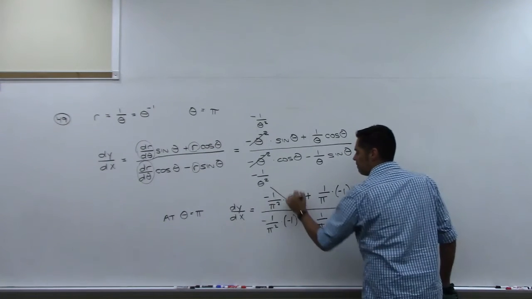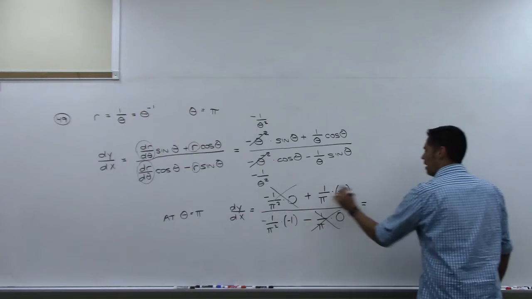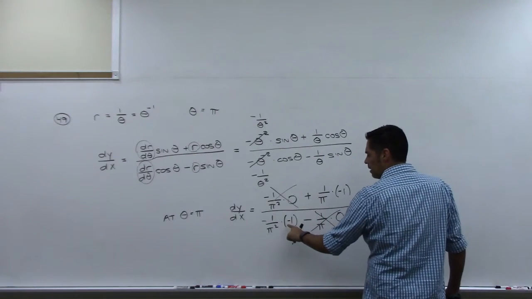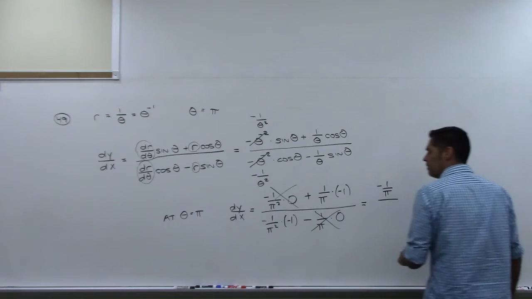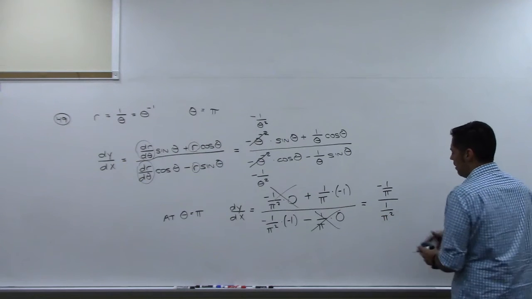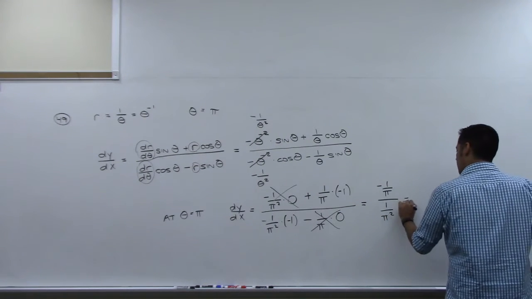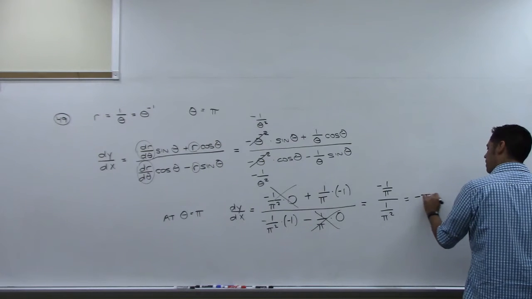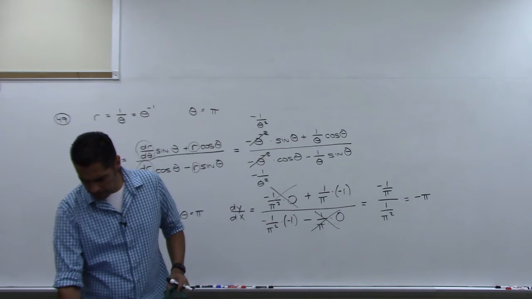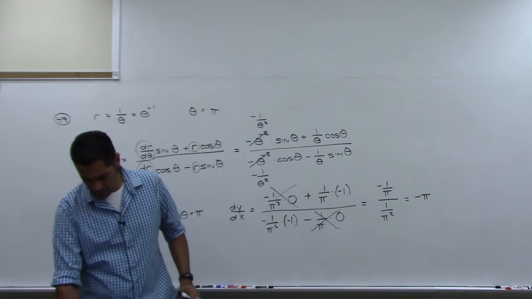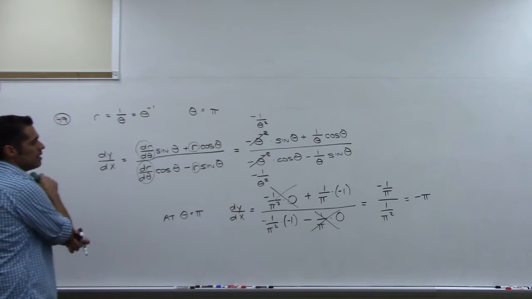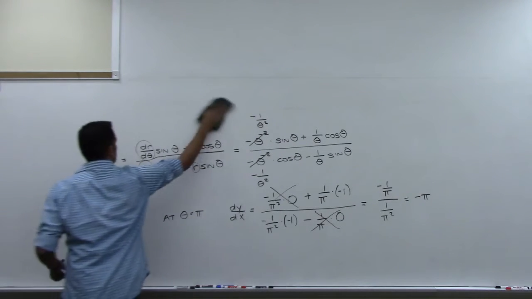So this is gone, this is gone. I get negative 1 over pi here, over here I get negative and negative is positive, so we should get 1 over pi squared. And then when you flip and cancel a pi, you should get negative pi. Let's just double check that there. Yep. Okay, so the slope of the tangent line is negative pi. Again, we're not being asked for the equation of the tangent line, just the slope.